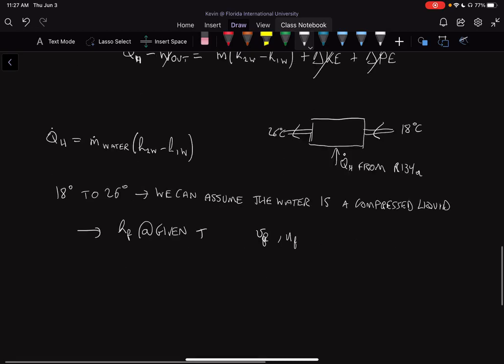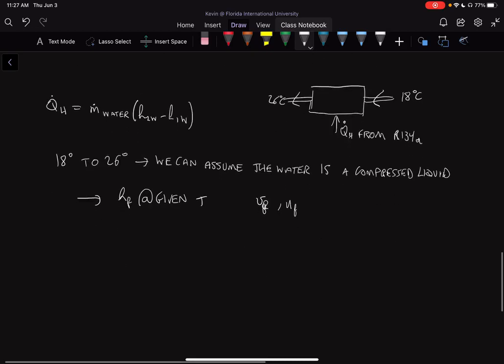So we're going to find H1W, which is at 18 degrees, and H2W, which is at 26 degrees. The other way we could do this is to use CP for water. Instead of finding the table values, we can find CP of water at the two temperatures and use CP delta T. Either way is fine, but with your tables, you might get a slightly more accurate value.